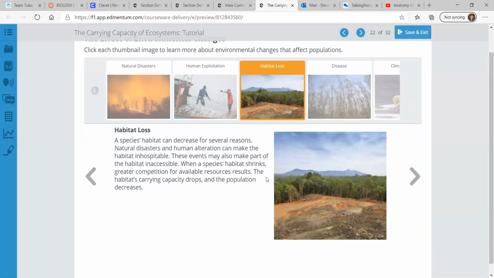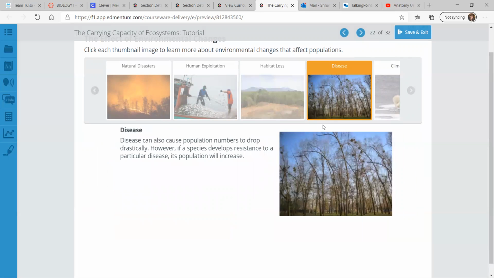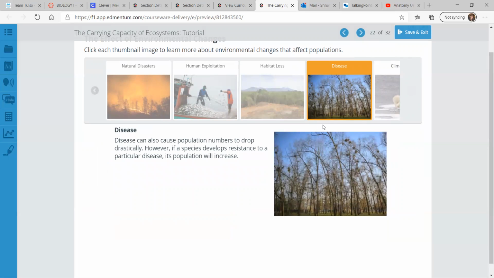When a habitat shrinks, there's a greater competition for available resources. The carrying capacity drops and the population decreases. So life just gets harder in these areas.